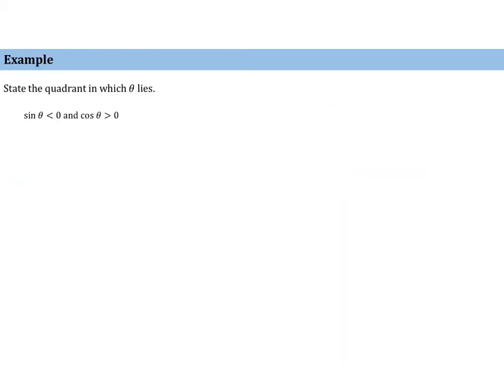In this example, we want to find the quadrant in which theta lies. So, let me draw a quick sketch of our coordinate plane. Now, we are told that sine of theta is negative, and we are told that cosine of theta is positive. So let's look first at where sine of theta is negative. In the first two quadrants, sine of theta is positive, and then in our third and fourth quadrants, sine of theta is negative.